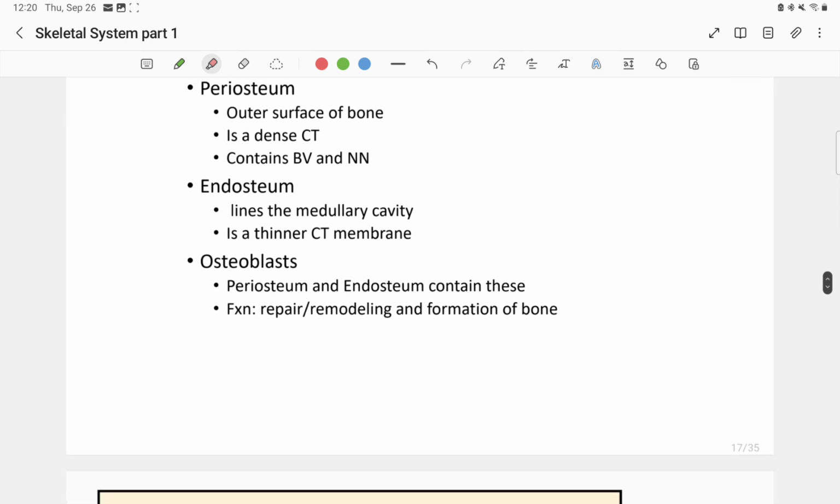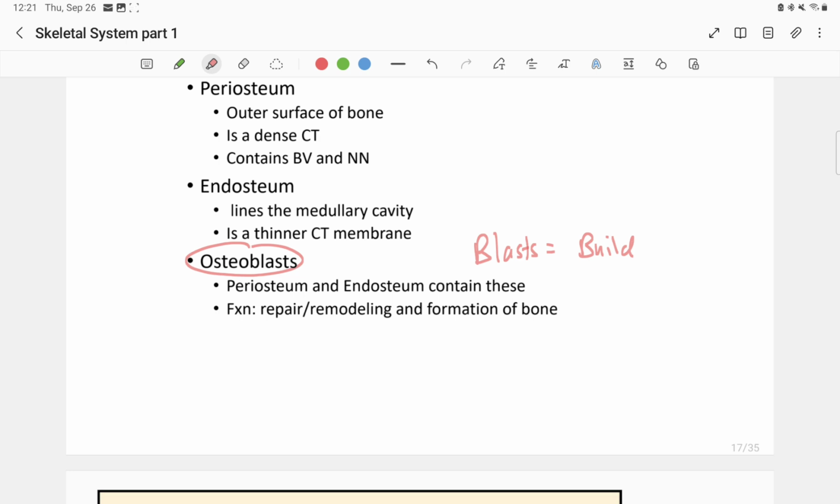Okay, osteoblasts. Blasts build. Now, it doesn't sound like that would be a thing, because when we think of the word blast, we think of destruction.